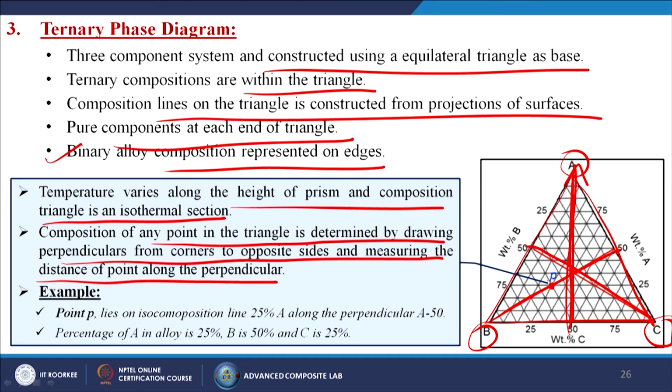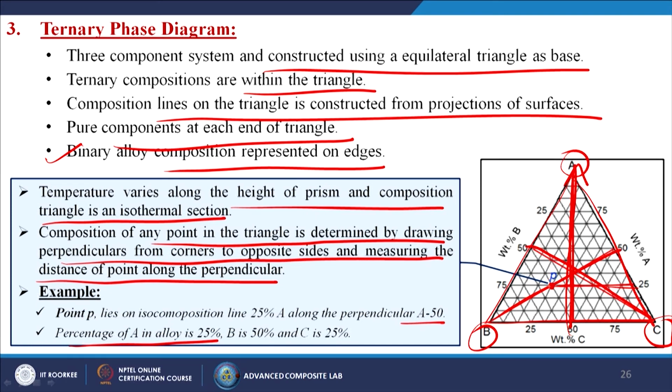So point P lies on the isocomposition line of 25% of A. So in this particular case, why is it 25% of A? Because this is the case. So here A is 25%, perpendicular to A 50, percentage of A in alloy is 25%. Now B, come to this.